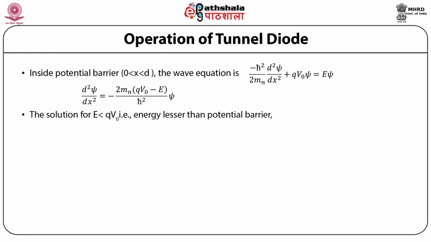So the solution for E less than qV0, that is, energy is lesser than the potential barrier, is given by psi equal to f exponential beta x plus g exponential minus beta x for x varying from 0 to d.